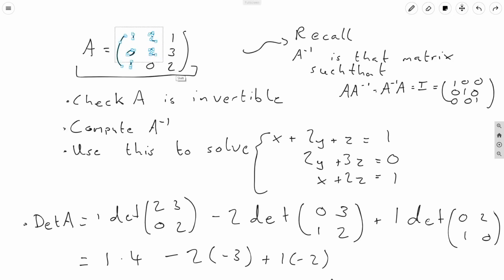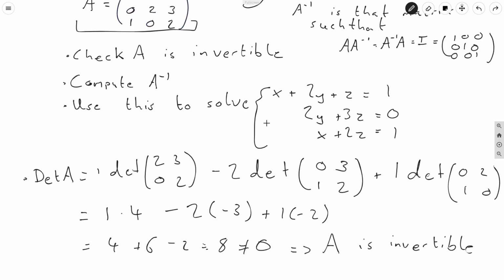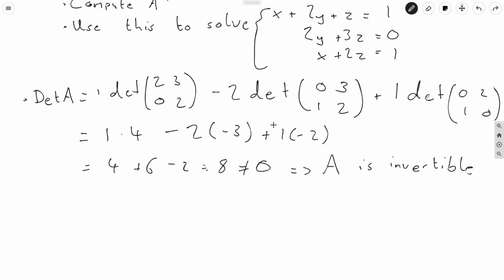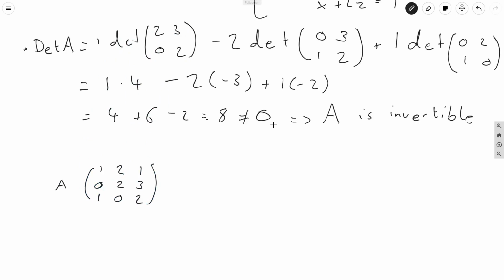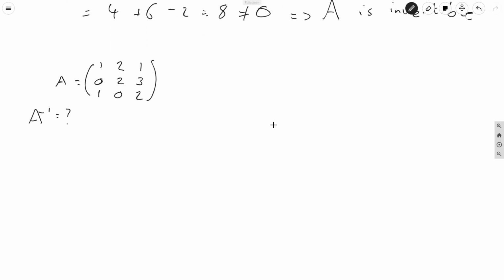I'll just get a copy of A down here because I'm going to need it. So the idea here is that this is A. What's A inverse? To compute A inverse, the idea is we're going to write down our original matrix A, 0, 2, 3, 1, 0, 2.